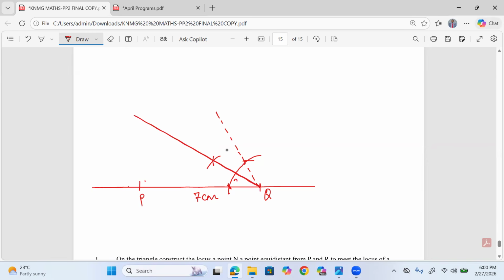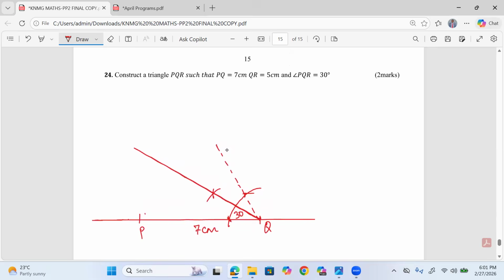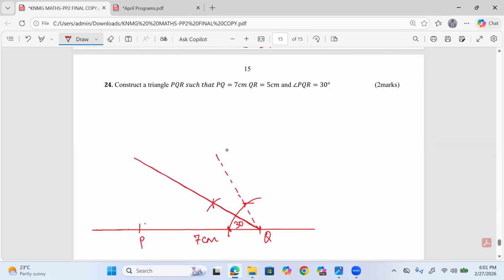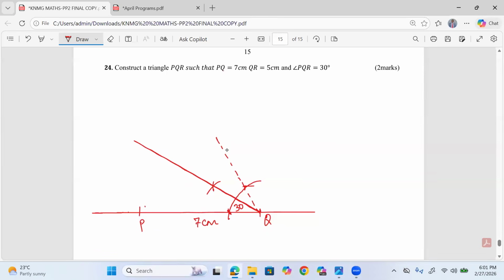This is exactly 30 degrees like that. So with 30 degrees like that, we need to know that the length from Q to R is 5 centimeters. So now we measure 5 centimeters from Q, and we mark on this line 5 centimeters.